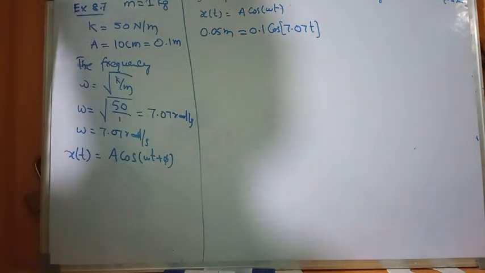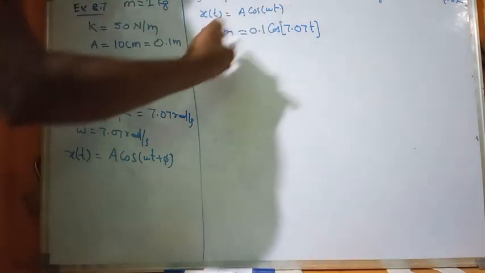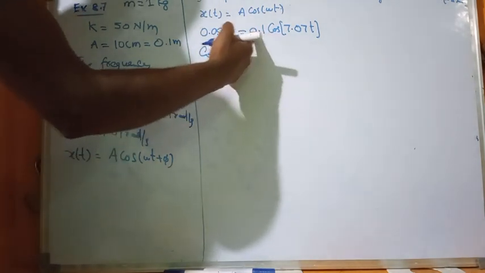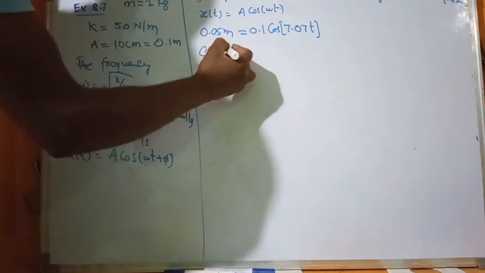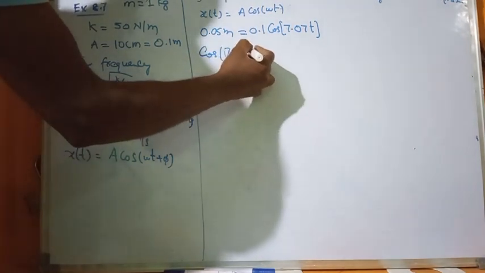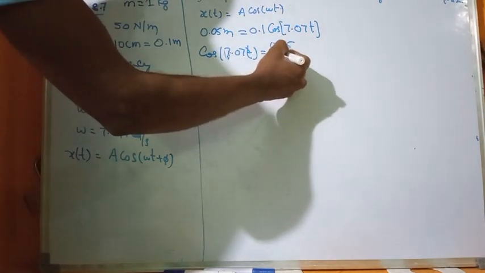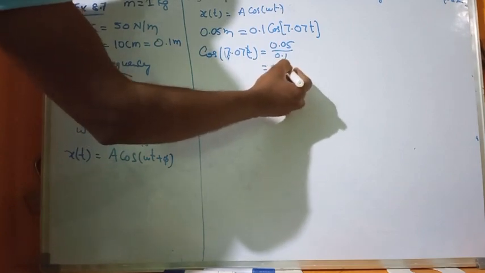So this is our equation. From this we can write, taking the 0.1 to this side, cos of 7.07 t is equal to 0.05 by 0.1, which is equal to 0.5.